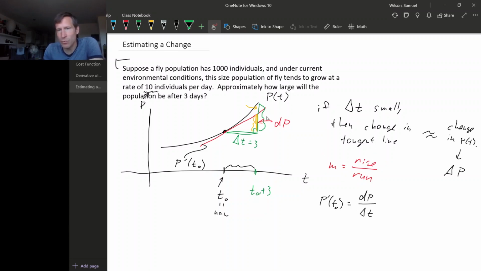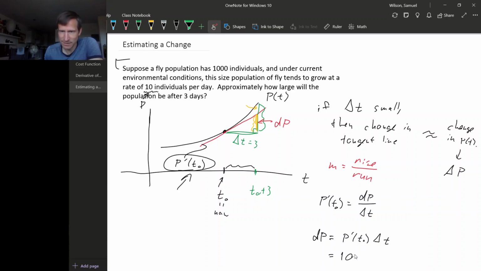And we wanted to know dp, right? That's what we're looking for. So let's just multiply both sides by delta t. We get dp equals p prime at t naught times delta t. Now we can plug in everything we know. So we're using the value of this derivative at t naught, and that's 10.